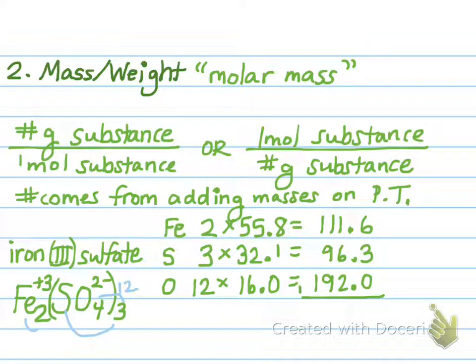And then I'm going to add all of those up. So 192.0 plus my 96.3 plus my 111.6. And I get a mass for iron 3 sulfate of 399.9 grams per mole.